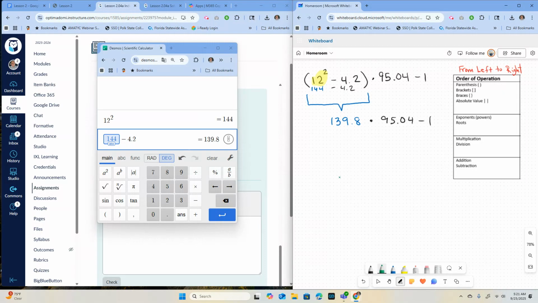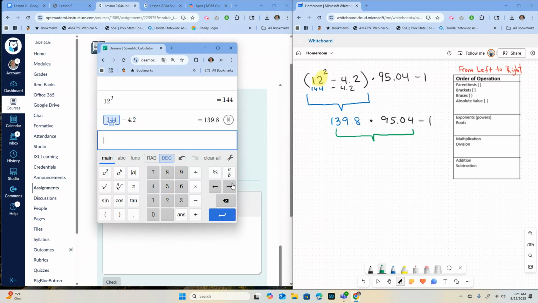Yes, I do. If you look, we are multiplying 139.8 times 95.04. So use the calculator. Now, if you look at my calculator, I already have 139.8 in the previous line. So if I click the ANS key, it will recall it.